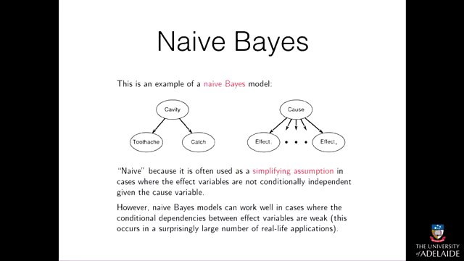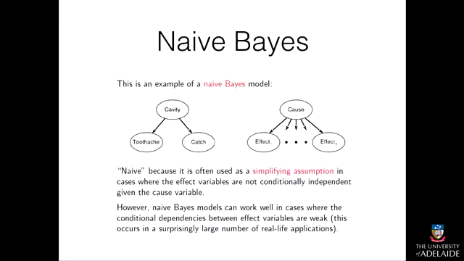This is a very commonly used model in statistical inference, which means given a common cause, all the effects become conditionally independent. One typical application of naive Bayes is text classification.